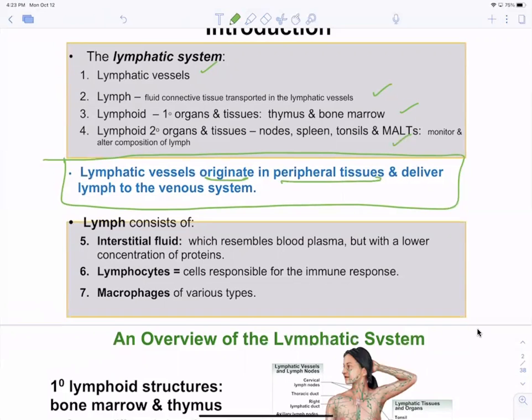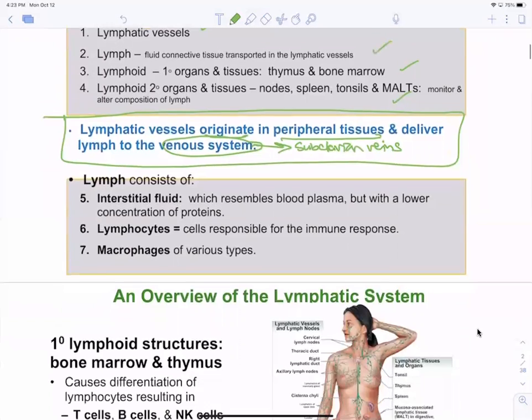And then it's a one-way system of merging lymphatic vessels until it dumps the lymph fluid into the venous system in the subclavian veins. So lymph fluid is dumping into the subclavian veins.